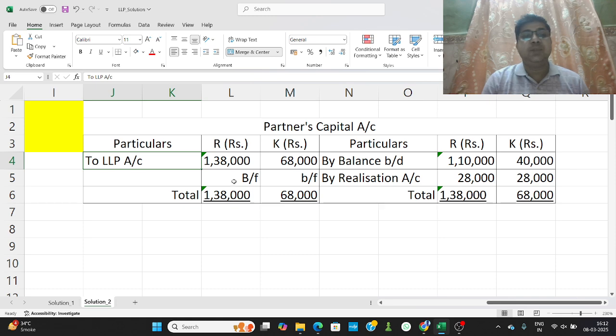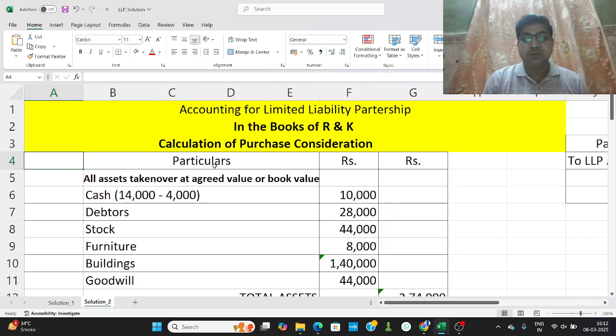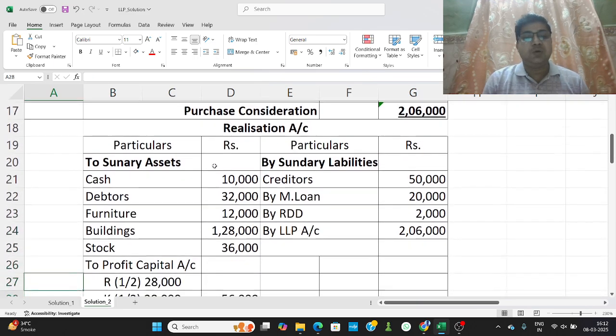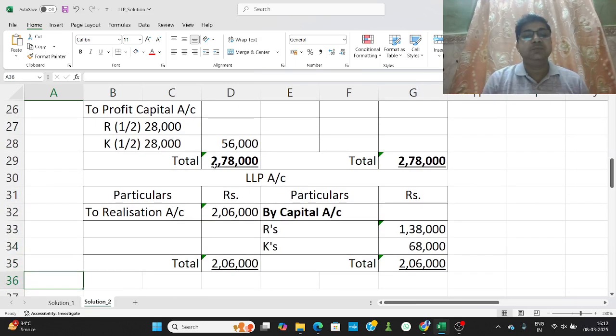We write by balancing figure, to LLP account: R's 1,38,000 and K's 68,000. Once we transfer to the LLP account, it will be credited to the LLP account by the capital accounts.